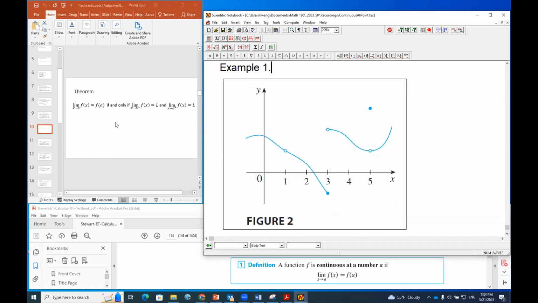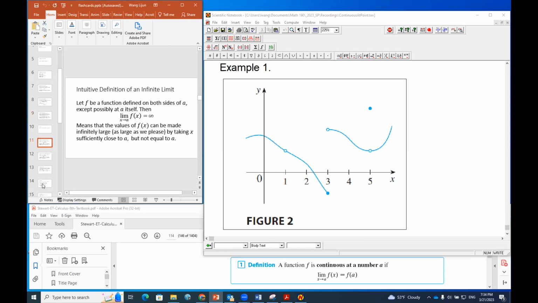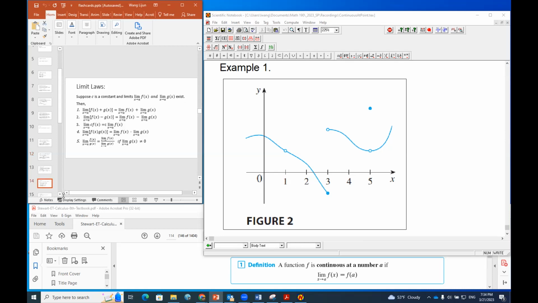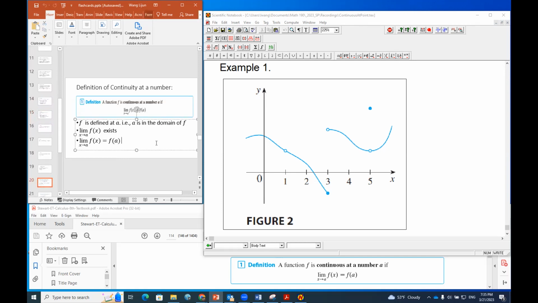Okay, so we have the definition right here. Continuous function. We have the continuous function definition right here. We know that it implies three situations, three cases. And we have all these limit properties that we have covered right here.